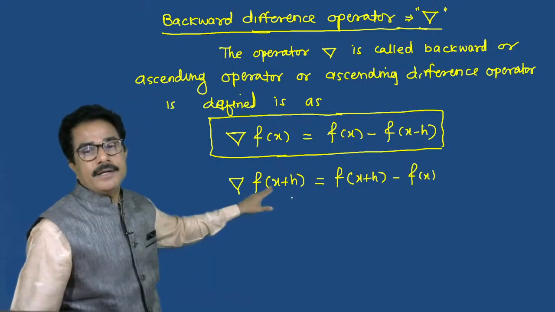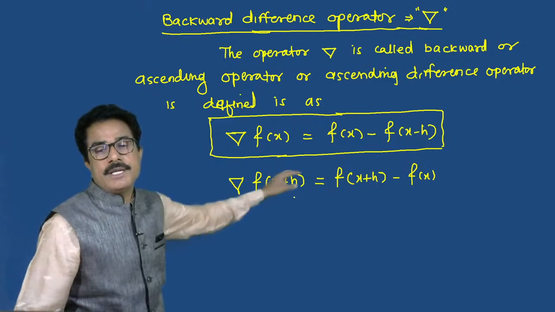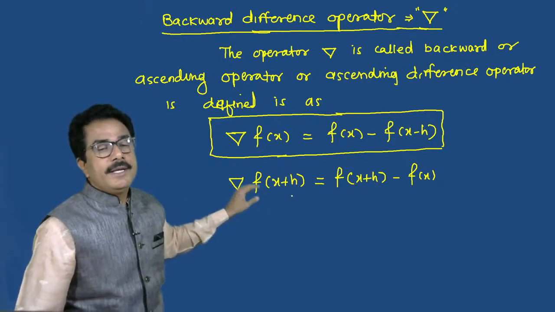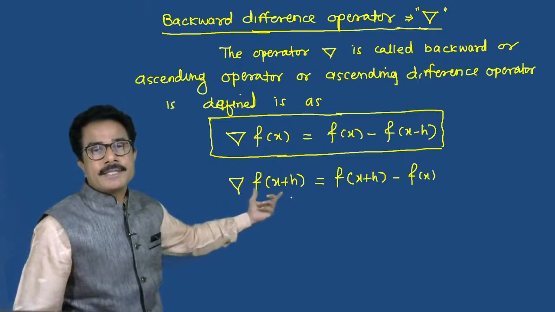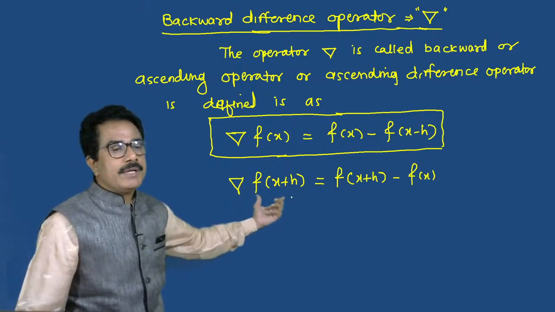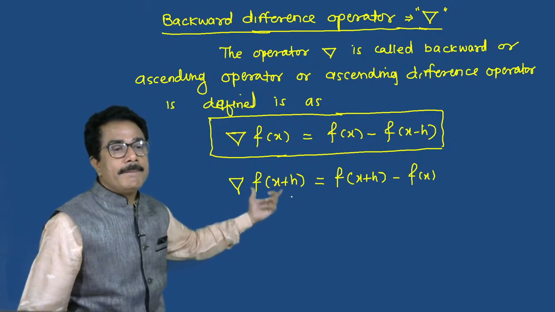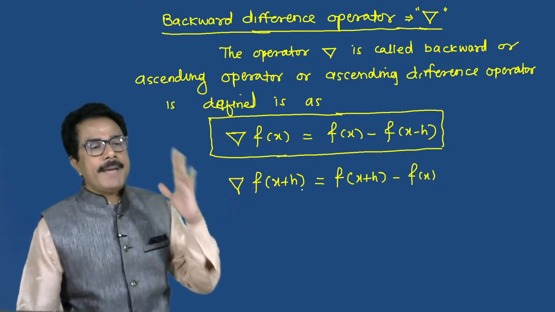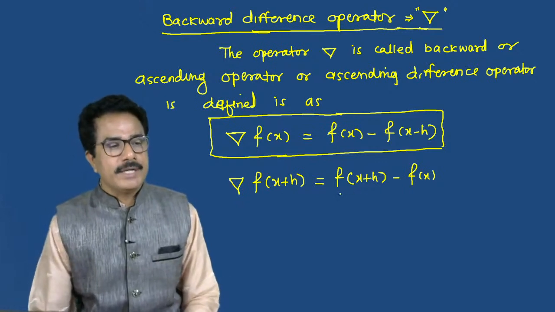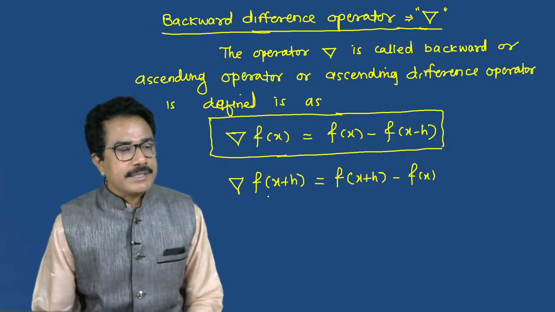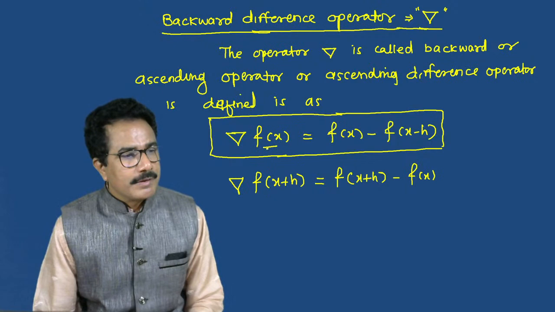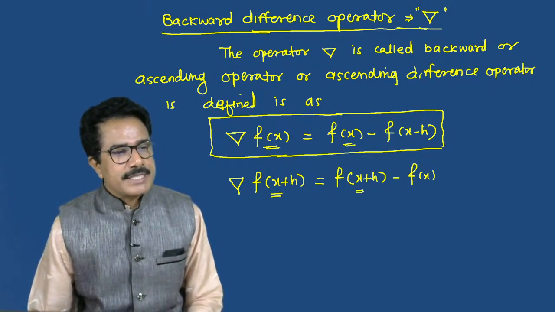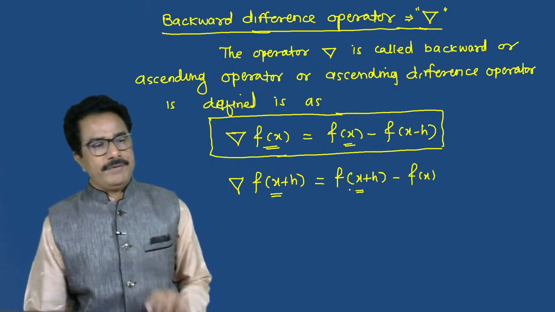Del means backward difference, so we have to subtract the backward function from this function, and then we get the backward difference. Remember the difference: this term f of x comes first, and from it we subtract the function behind it.